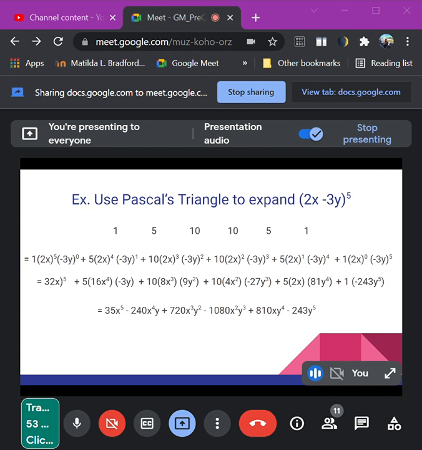Okay, so for your coverage, gamay ra pud kaayo. We have the properties of sigma notation, and then the principle of mathematical induction, writing expressions in sigma notation, and this one, using Pascal's triangle to expand binomials.